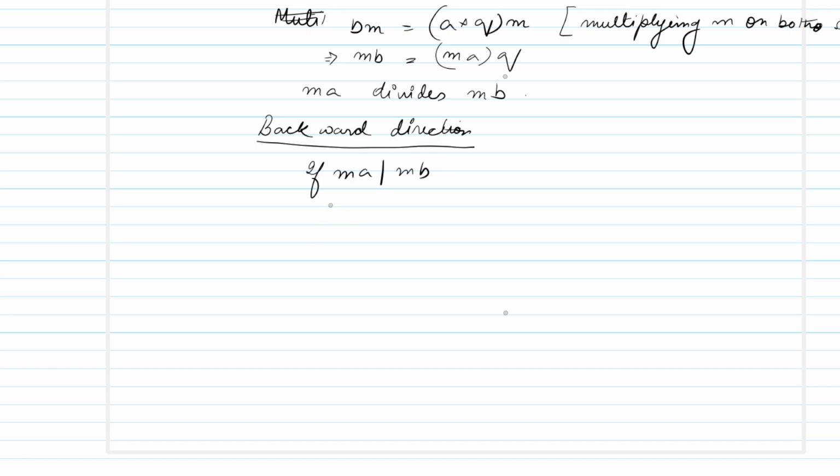Then we can say that MB is equal to MA into Q, correct? So dividing both sides by M, we can say that B equals AQ.